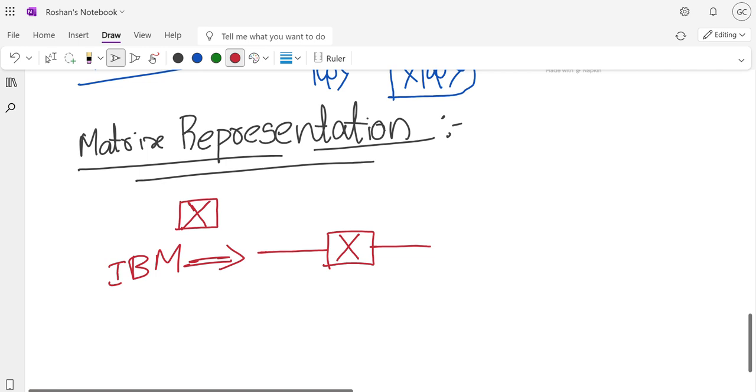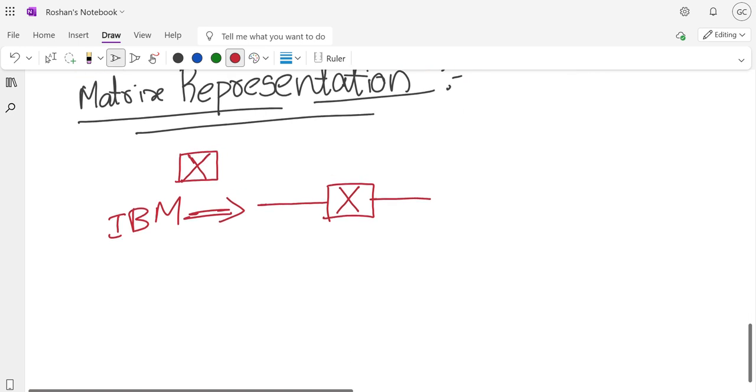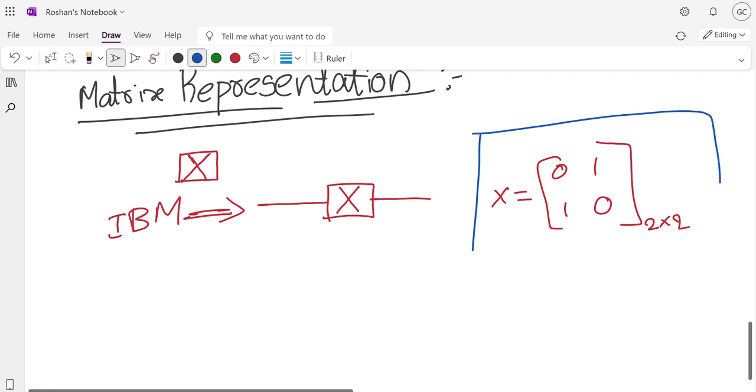This is how the X gate looks. But coming back to the practical side, the X gate will be represented as a 2 by 2 square matrix. This is how the X gate is represented in matrix notation.